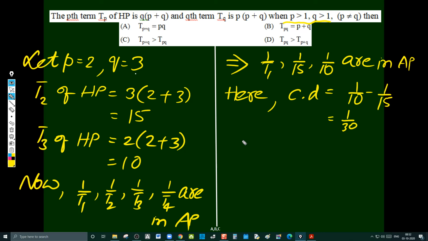Therefore, T1 is needed here. We have avoided T4. If we need, we can find out. If you know first term and common difference, you can find out any term. D is 1 by 30.